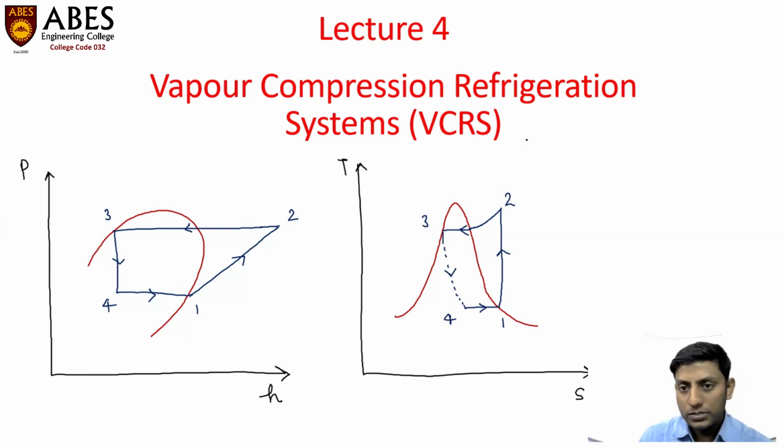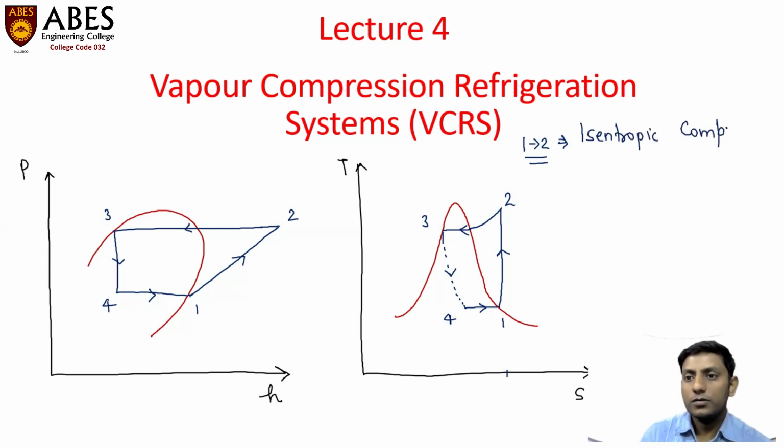To name the processes, process 1 to 2: you can see the entropy is constant here, so it is an isentropic process, isentropic compression.